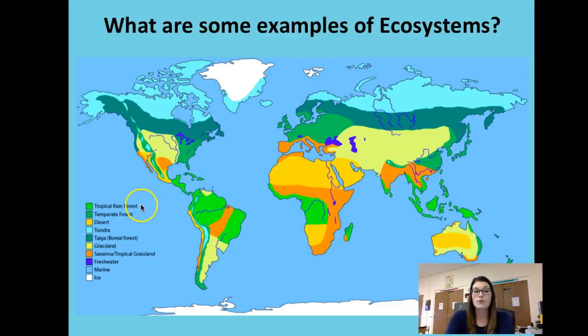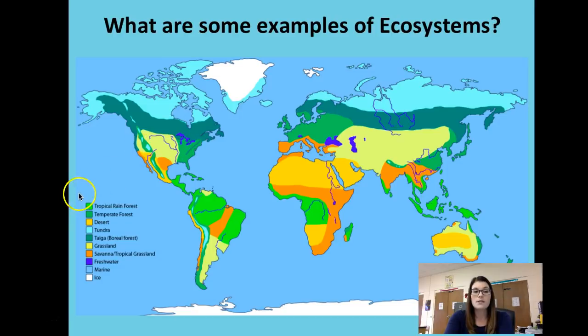For example, in the tropical rainforest, you have all sorts of really cool different types of organisms, lots of tree frogs and cool canopies and all sorts of plant life, versus if you're in the ice or in the tundra area, you're going to have very little living things, very minimal amounts of plants. And when you have minimal amounts of plants, you have minimal amounts of organisms that eat plants.